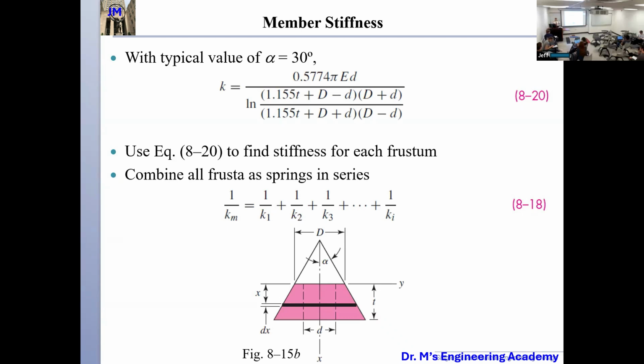If we treat each of them as a spring, we can think of multiple springs in series, and then use this equation to get the total effective Km. Km means the total effective stiffness for all members between the bolt head and nut.